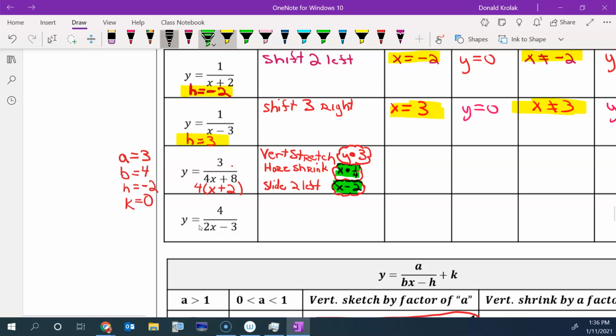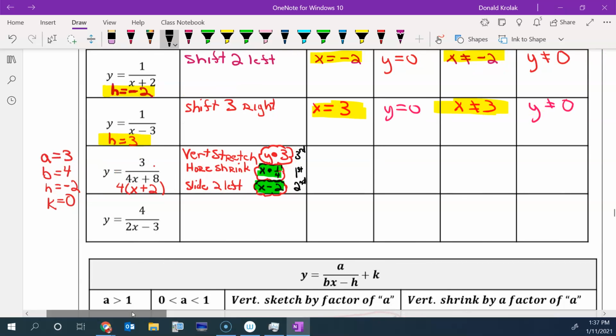So when we go to graph this in a little bit, we're going to do this transformation first, this transformation second, and then we would do the vertical one third. Now, you could also do the vertical one first, and then do the shrink and the shift, as long as you follow multiplication before addition and subtraction. Whether you do the vertical at the beginning or the end, it wouldn't change anything. You'd still get the same figure.